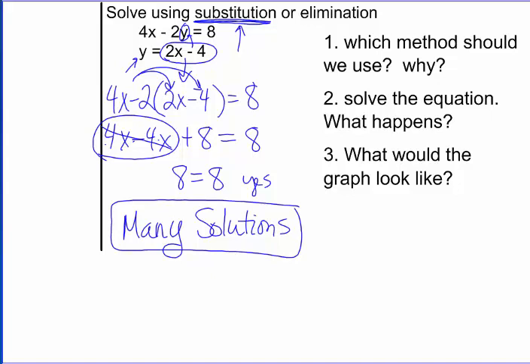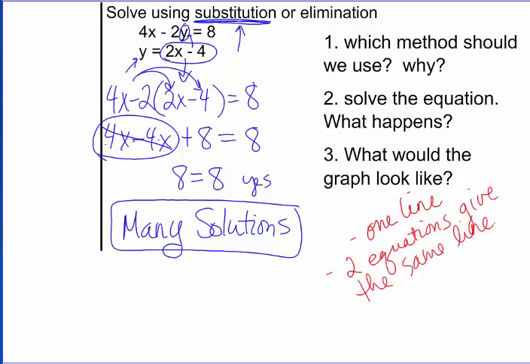What that graph looked like is just one line on the graph. The two equations above give the same line. So it's one line on top of the other. So for those two equations, you can plug any number you want into the x spot for both equations. It's always going to give you the same y value. So that's another special case. We have those two special cases, the parallel lines, which give you no solution, and then when you end up with just one line with two different equations that give you the same line, which means many solutions.